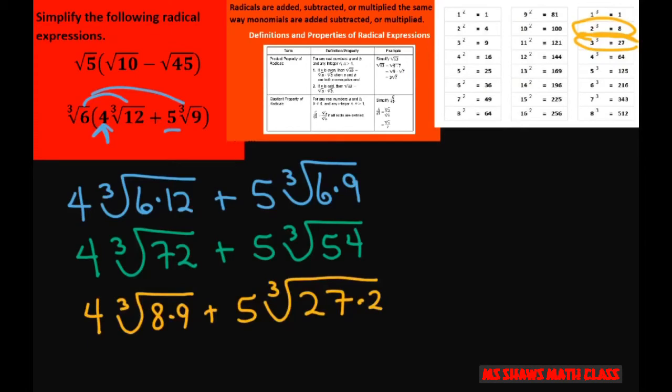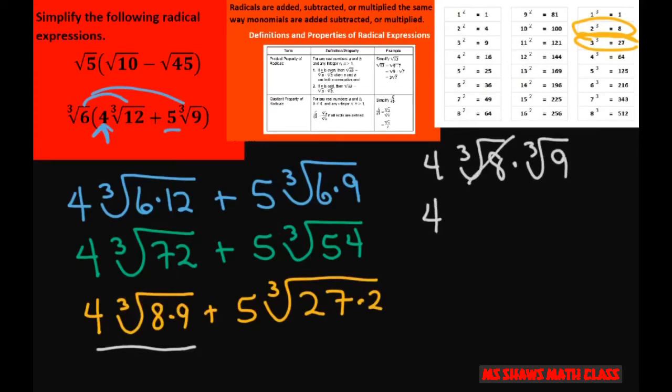Now, that can be further broken down. 4 cube root of 8 times cube root of 9. The cube root of 8 is 2, so 4 times 2 cube root of 9, that's 8 cube root of 9.